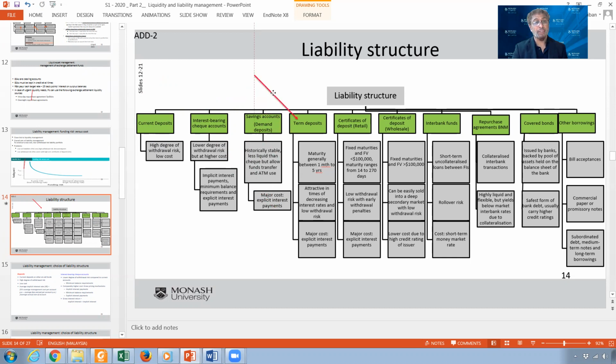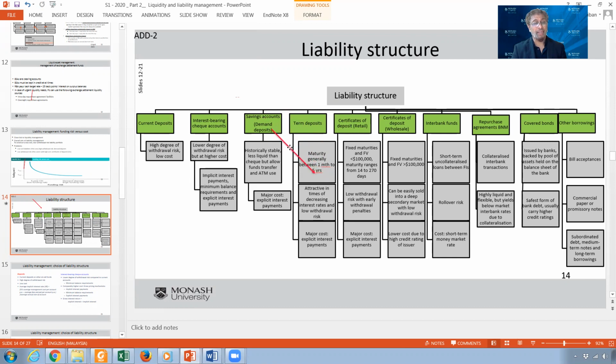We have term deposits, and a term deposit will stay for 90 days, 180 days, 270 days, and maturity is generally between 1 year and 5 years. We also have very short terms, but a term deposit can be from 1 month to 5 years.